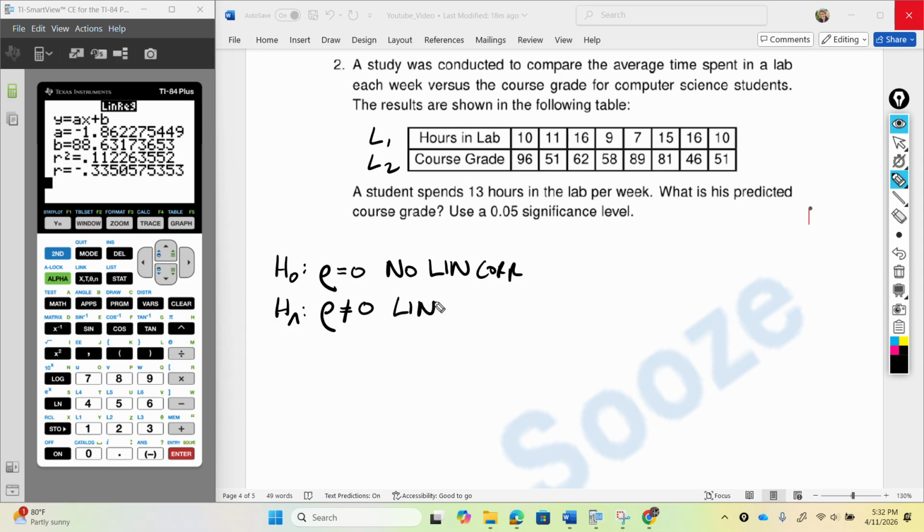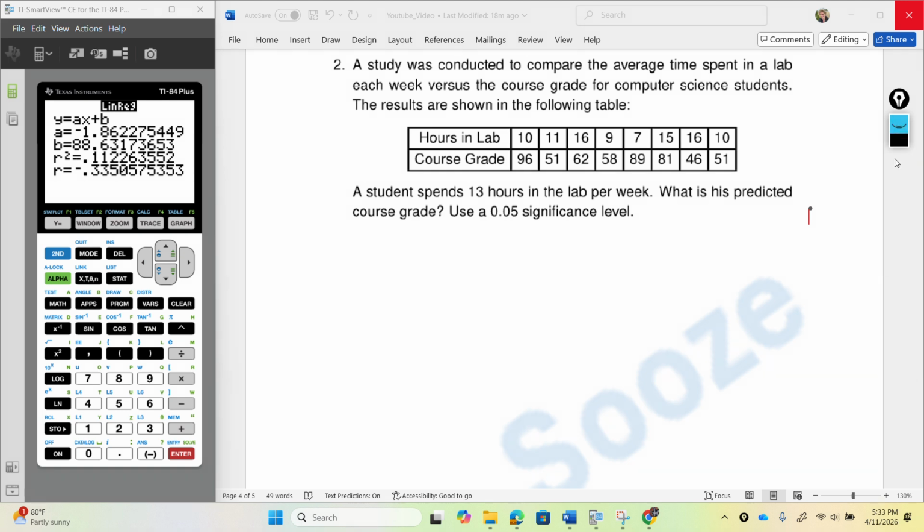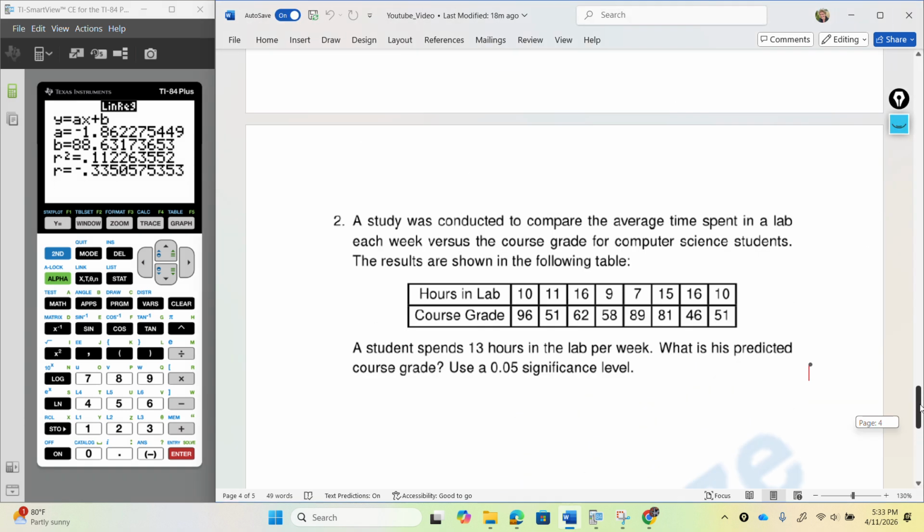And so you do have some linear correlation. Now we're going to compare the absolute value of R to our critical value. So R here is minus 0.335. So the absolute value of that is going to be positive 0.335. And now we need to get our critical value from our chart.